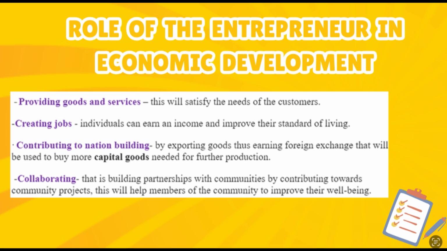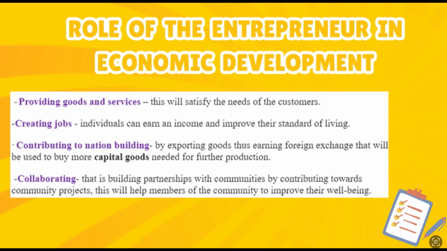3. Contributing to nation building. By exporting goods to customers internationally, businesses are able to earn foreign exchange that will be used to buy more capital goods needed for production. Capital goods, of course, are goods that will be used in production in order to facilitate more sales in the end. And 4, collaborating.